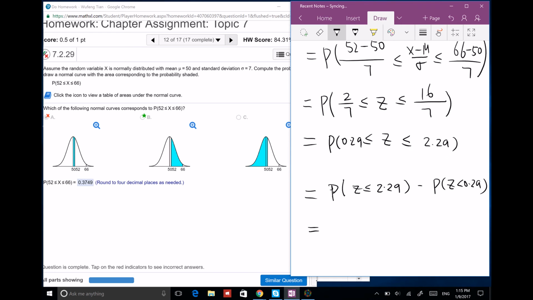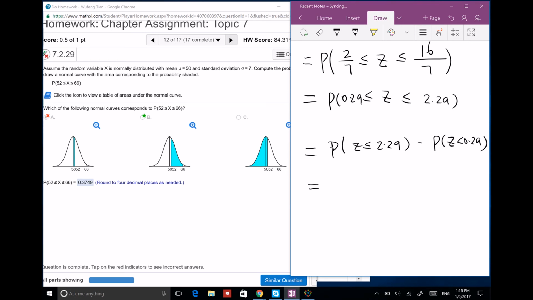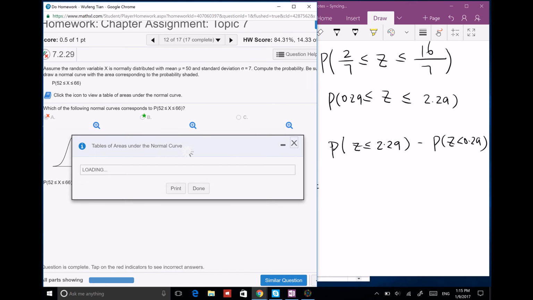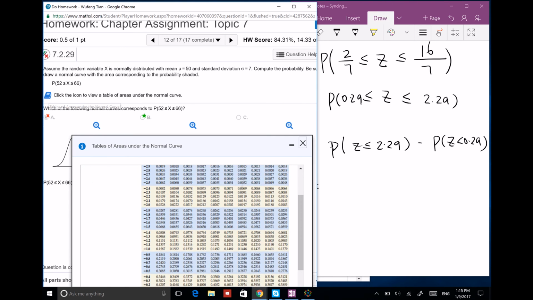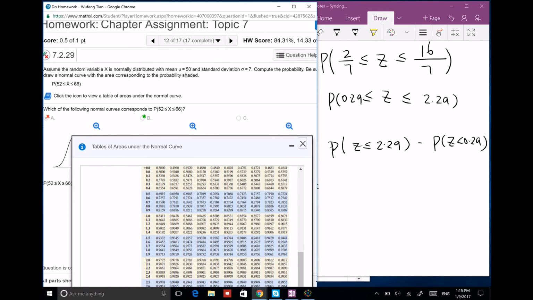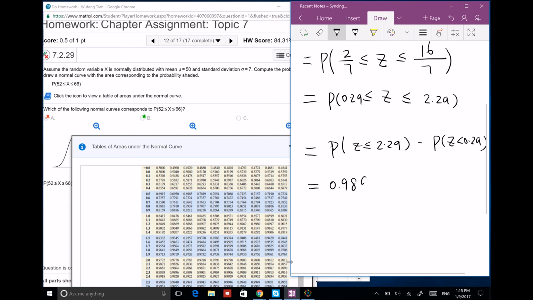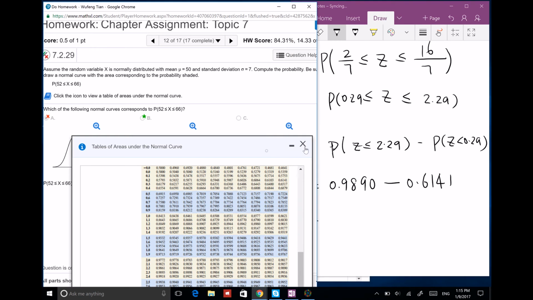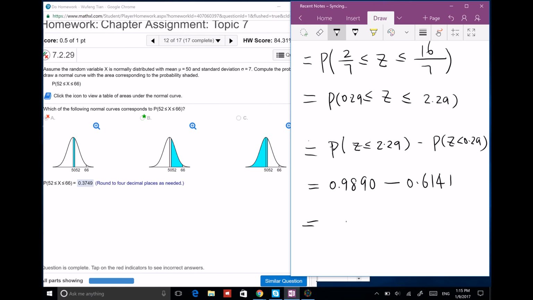Use the table, find these two probabilities, and subtract them. So 2.29 gives 0.9890, and 0.29 gives 0.6141. So this gives you the answer 0.3749.